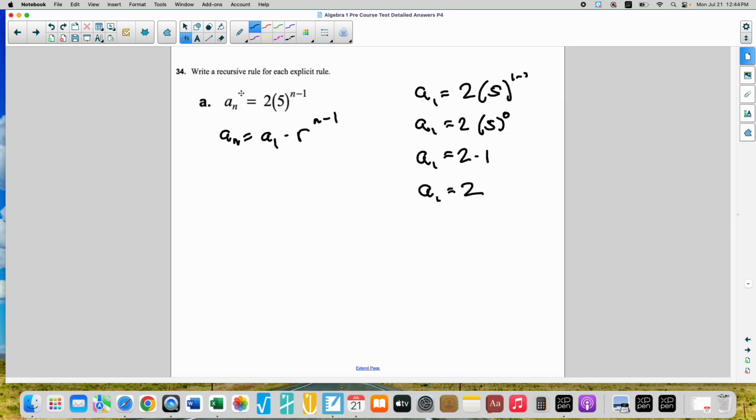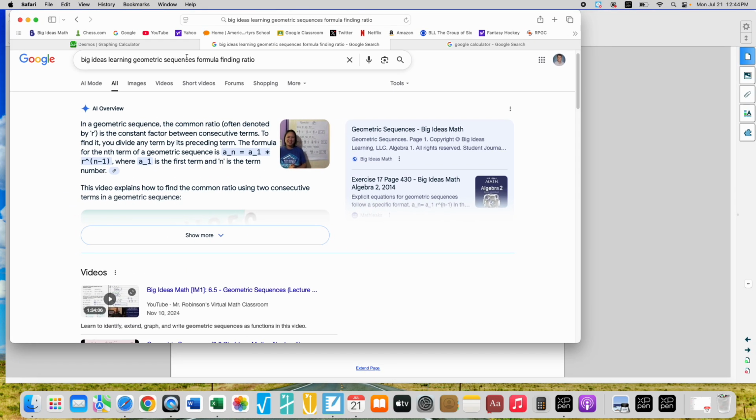I don't know. It says explicit rule, recursive rule for each explicit. So let's see what the recursive rule is. Let's look at that. Geometric recursive rule.